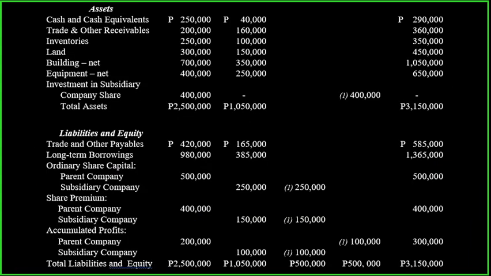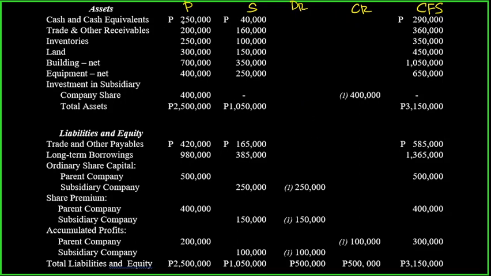Okay, this is your consolidated financial statements. How will your elimination entry be posted? As usual, your 250, 150, and 100 will be debited. Let's put that there, debit, and this one will be your credit, consolidated financial statements. This one will be the amount for the parent, and this one will be for the subsidiary.